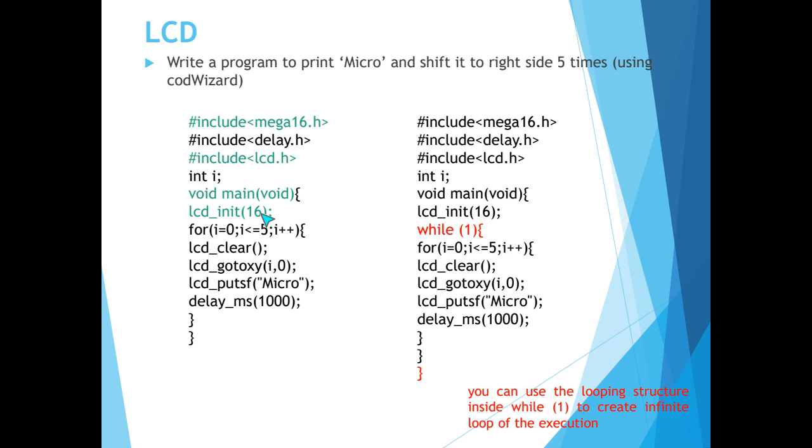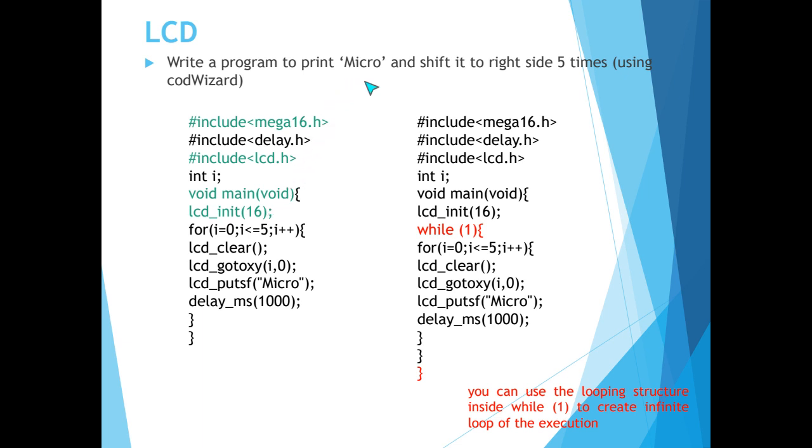However, if the number of the columns of LCD would be 40, meaning that our LCD would be a 40 by 4 LCD, then here we should write 40. Don't forget to write a semicolon here.